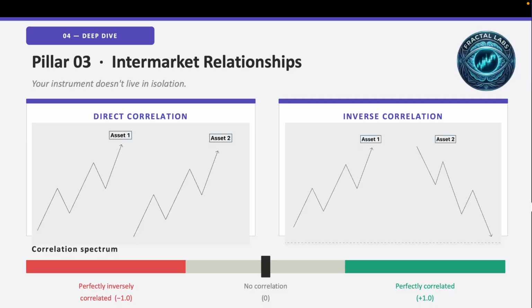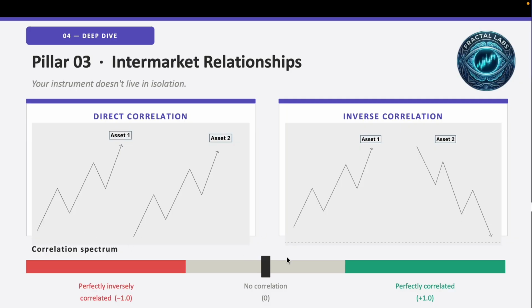So yes, this direct correlation allows you to see when one asset is ahead of the other, when one is lagging behind, and also when one of them is lying in the direction it's going. Inversely correlated, you can keep asset one being NQ and asset two can be the DXY, so the dollar.